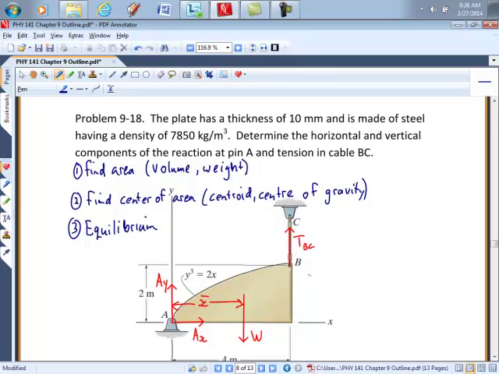Divide by 2. That's easy. So x equals y cubed over 2. That's the equation of the curve.